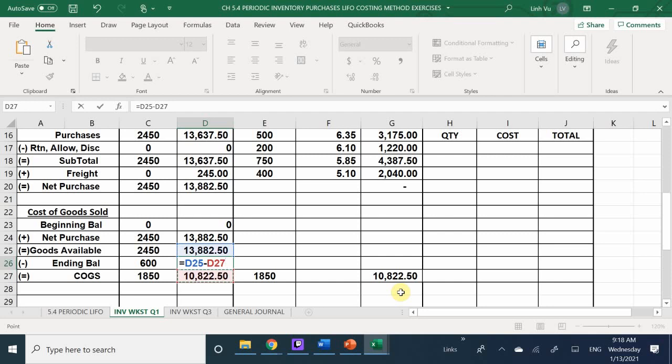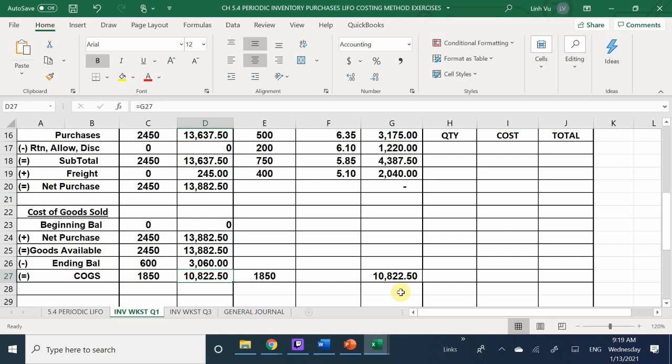Minus which amount? Goods available. Yes, you take your goods available and subtract out, because you solved for cost of goods sold, right? That's just the easiest and most accurate way to do it. And then there you go. You should have 3,060 left.